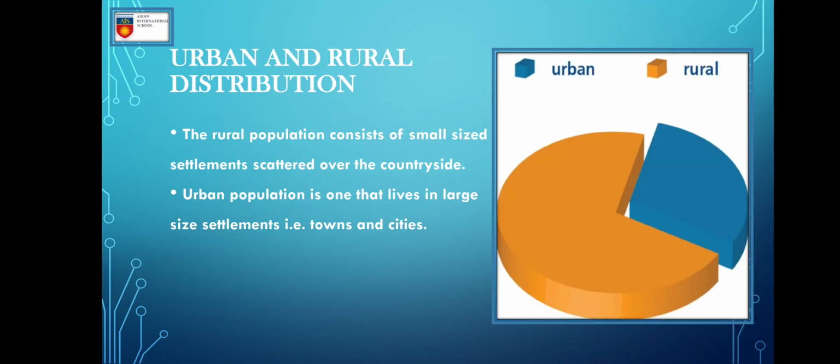Urban and rural distribution. The rural population consists of small-sized settlements scattered over the countryside, whereas urban population is one that lives in large settlements, that is, towns and cities.